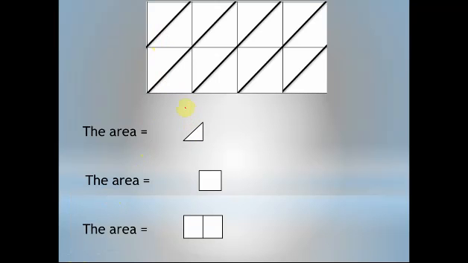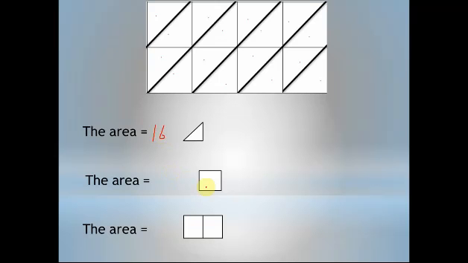A triangle, so we'll count triangles. 1, 2, 3, up to 16. So the area according to the small triangle equals 16.